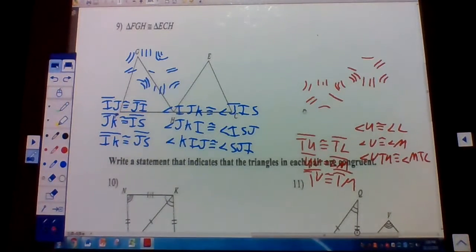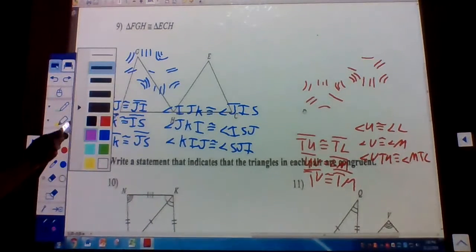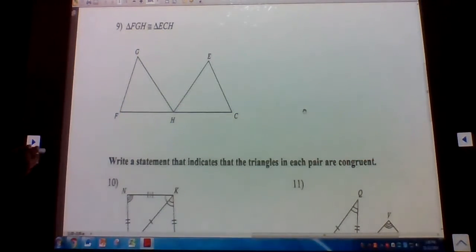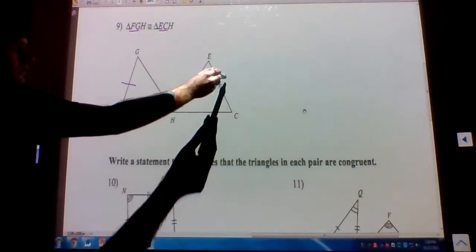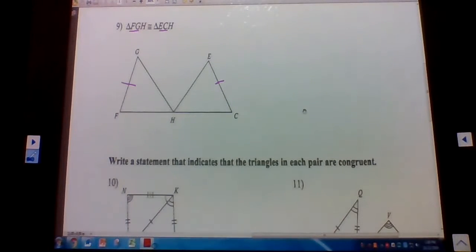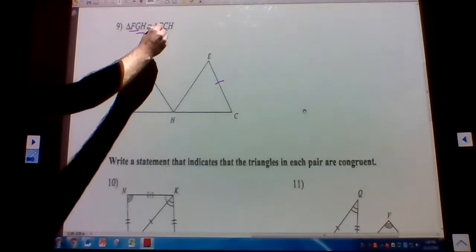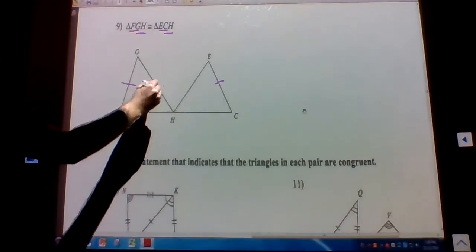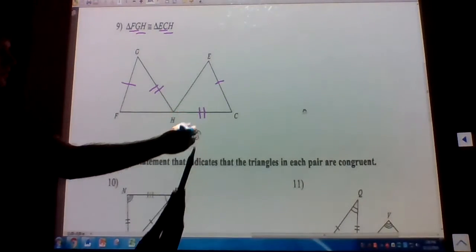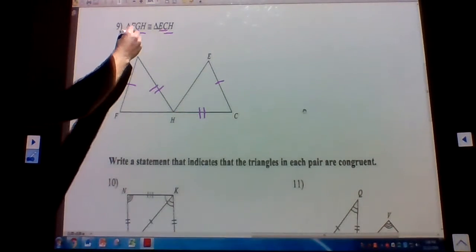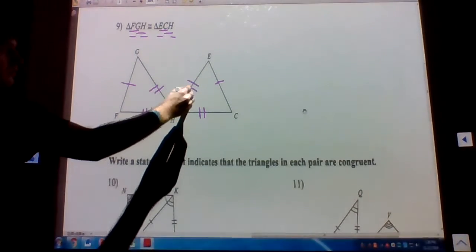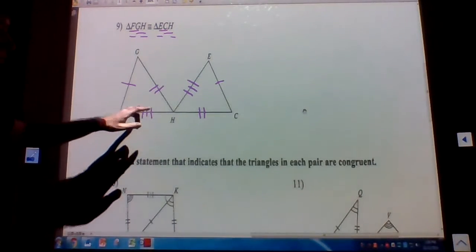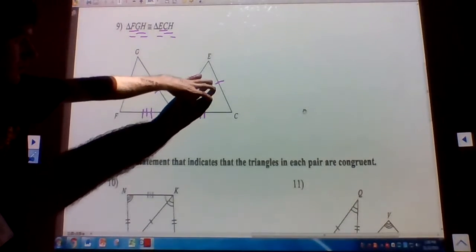Number 9 here, I'm just going to put the marks for number 9. Okay. So FG is congruent to EC. GH is congruent to CH. And FH is congruent to EH. Okay, so this one, even though they're connected, it's rotated.